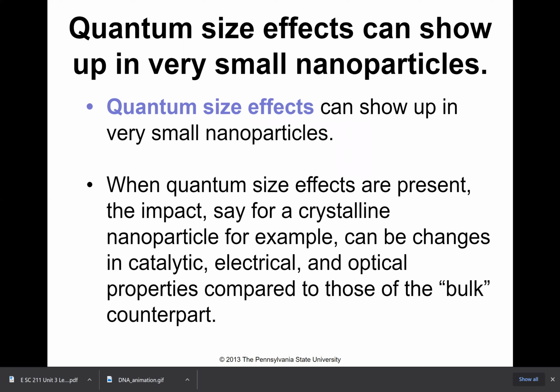When quantum size effects are present, the impact, say for a crystalline nanoparticle, can be changes in catalytic, electrical, and optical properties compared to those of the bulk counterpart.